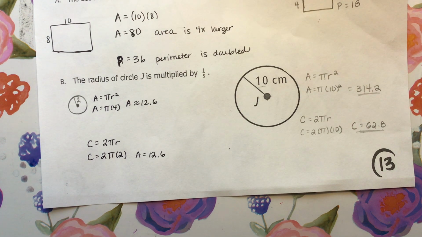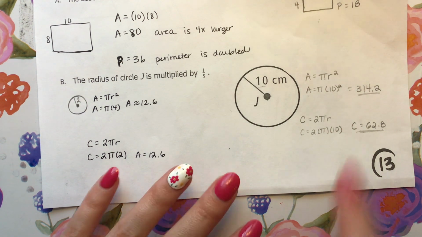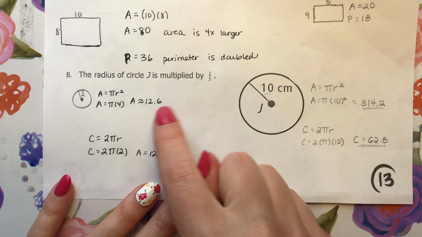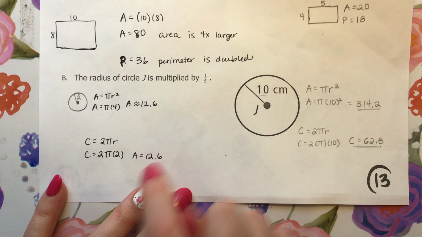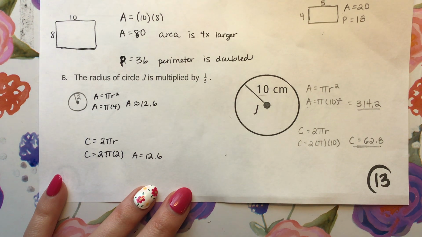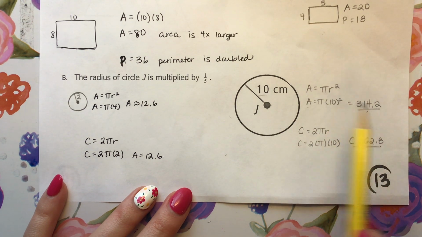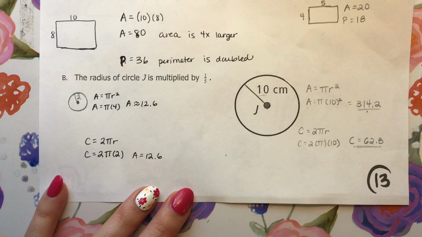How did I get from one to the other? How did I get from 314.2 to 12.6? And how did I get from 62.8 down to 12.6? How did those numbers relate to one another? Well, let's just divide real fast. Let's take 314.2 and divide it by 12.